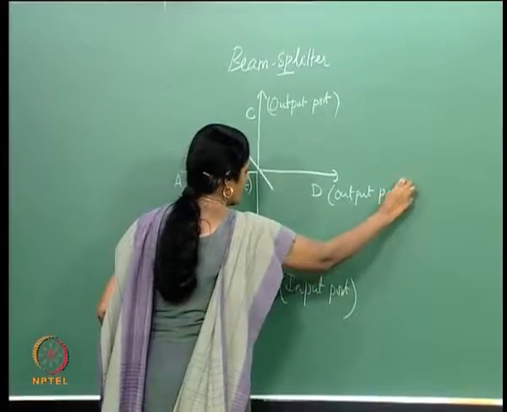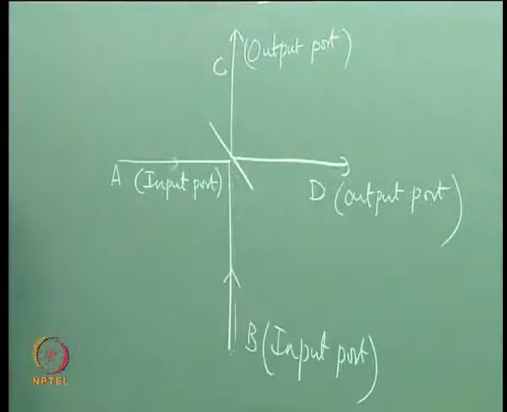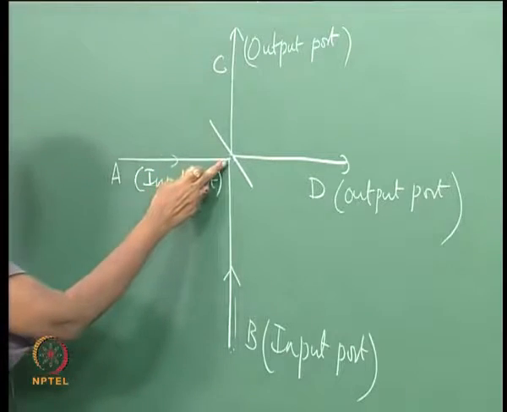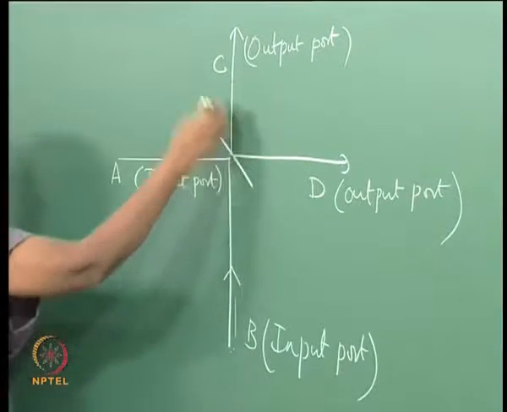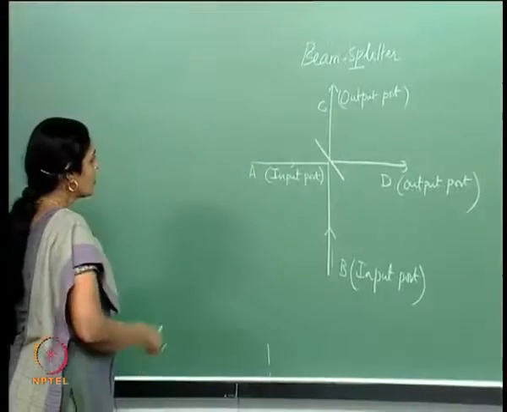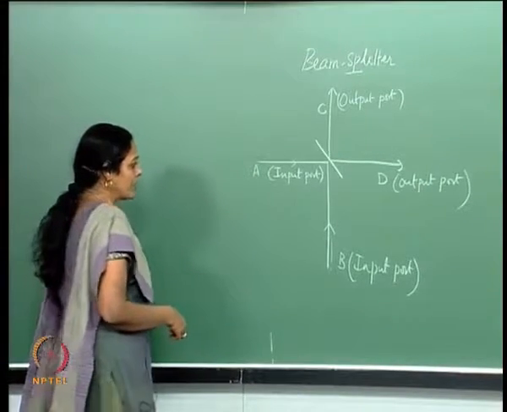So there are two input ports and there are two output ports, and photons that come either in this direction or in that direction get partially transmitted, partially reflected. So that is the picture that we have of the beam splitter.